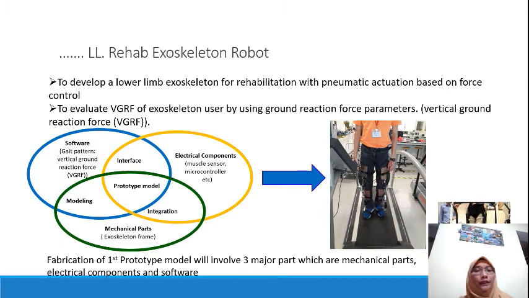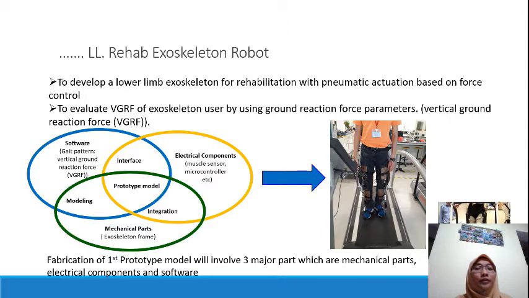In this slide, there is a little explanation of the objectives and also the model involved in rehabilitation device 1.